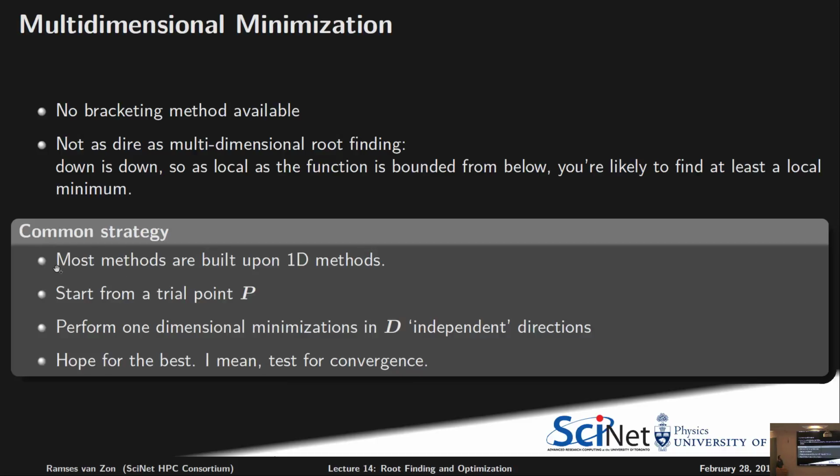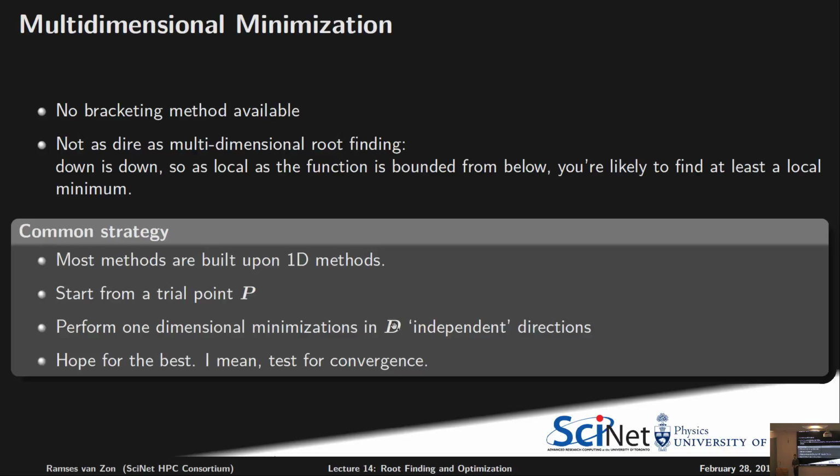Now, most of these methods are built upon one-dimensional methods, and they will try something like a trial point. It looks a little bit like Newton-Raphson, but it doesn't necessarily need to use the derivatives. You could, of course, but that's not a common case. So suppose you have some trial point P. You can imagine trying to find a minimum by going in one direction and saying, okay, let me try and find the smallest value of the function in that direction.